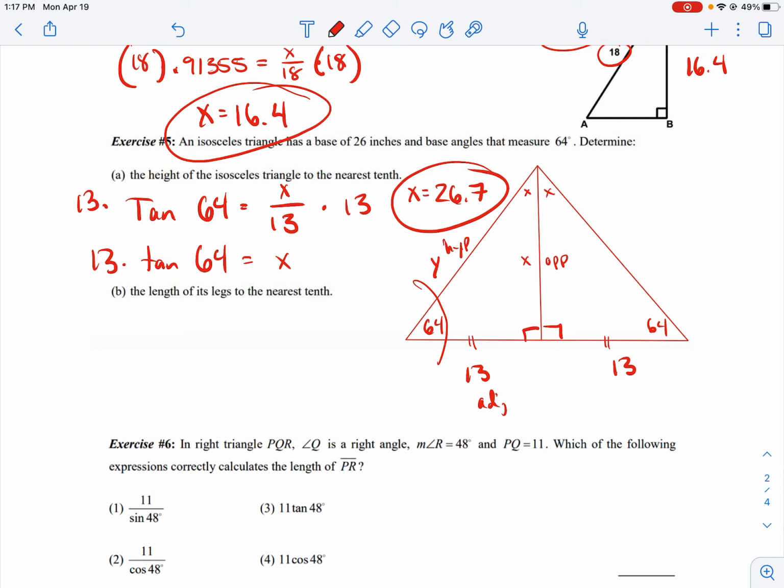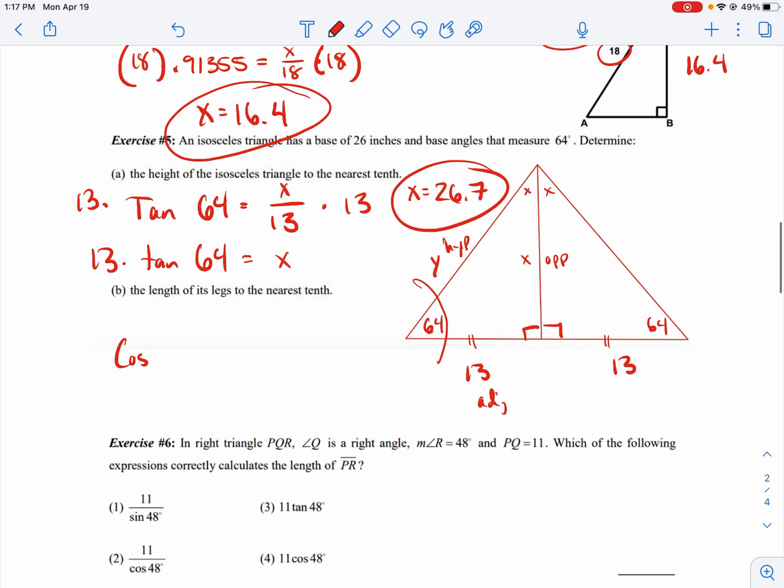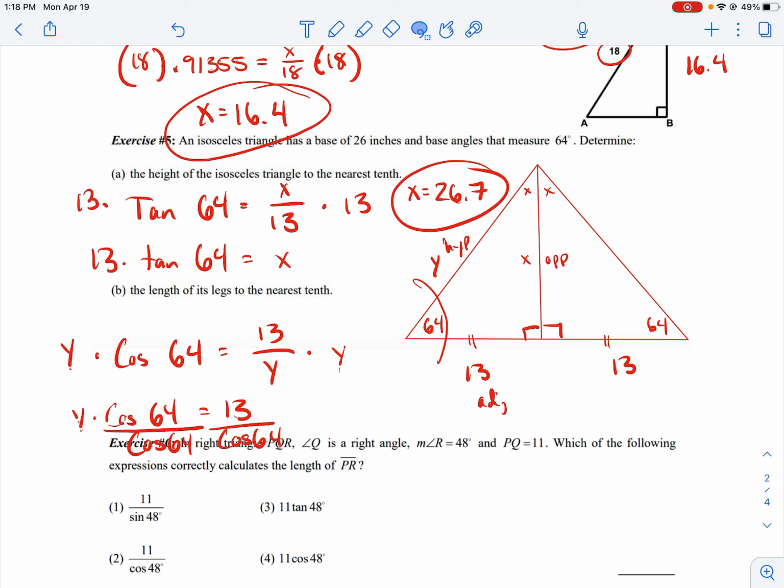This is our adjacent and our hypotenuse, so the cosine of 64 is 13 over y, because I want to find the hypotenuse. I'm going to multiply both sides by y, so I get y times the cosine of 64 is equal to 13. Divide by the cosine of 64.